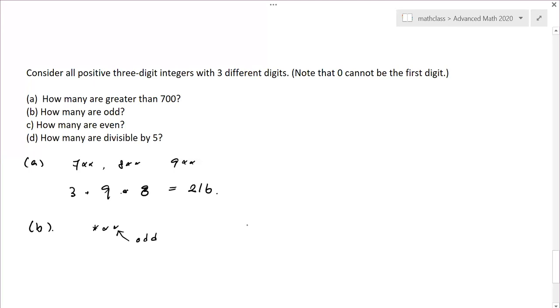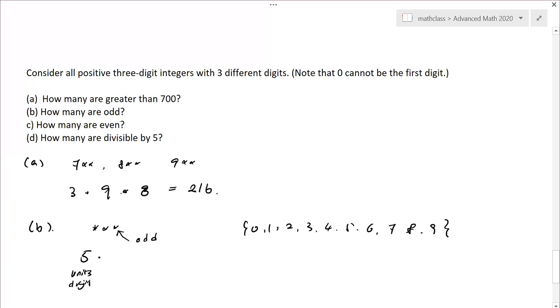Yeah, you have this many digits you can choose from. In order to guarantee this is an odd integer, you have to select the units digit first. It's 5 choices.